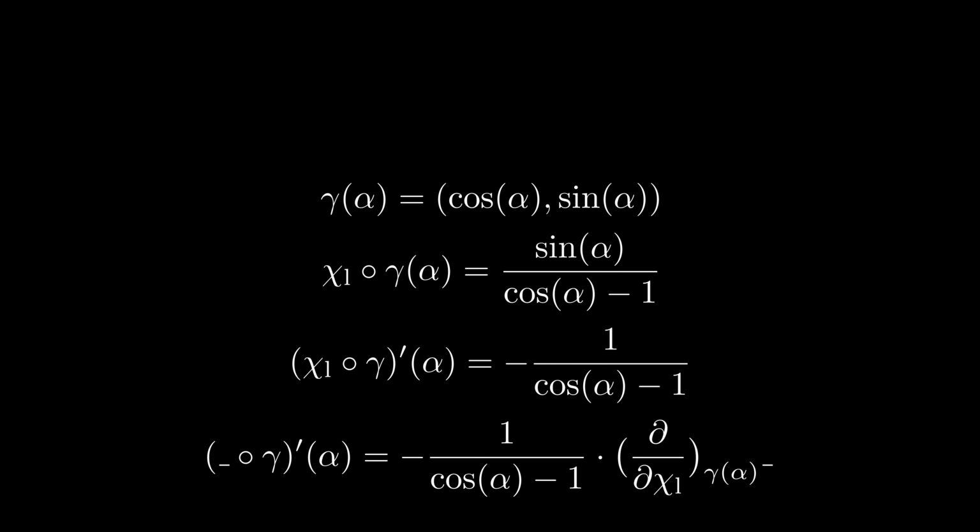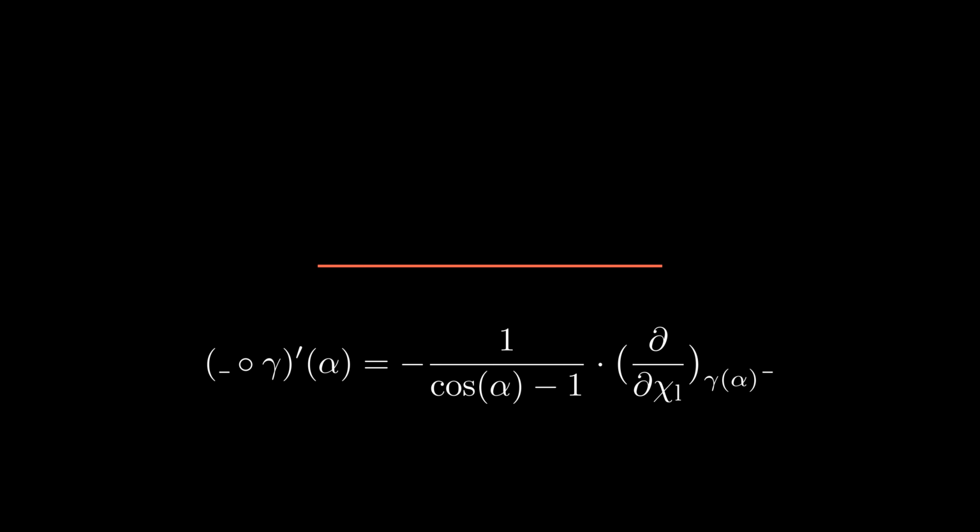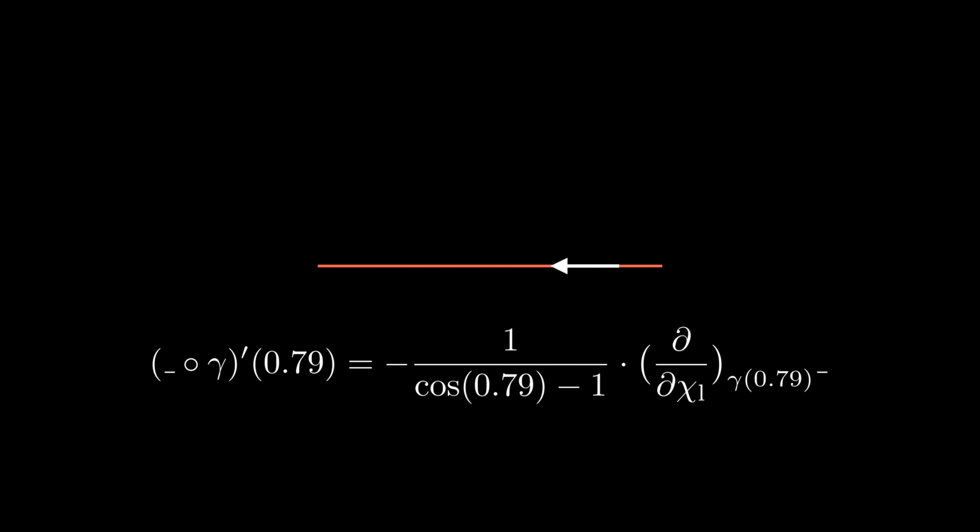Let us try to understand what this equation is telling us. We start by bringing our chart. Then the basis vector at a point, say 0.79, is the following arrow. If we move along the chart, the arrow just stays the same size.